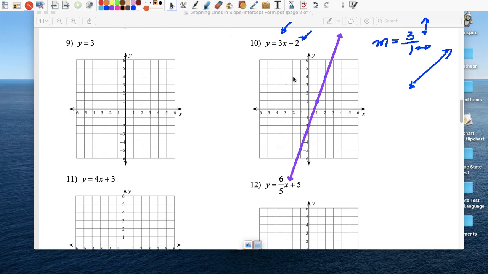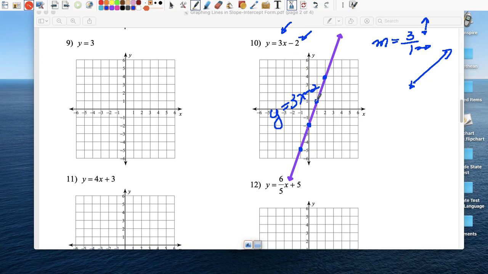And we get y equals 3x minus 2. Positive slope. What I'm going to do here is show you a little bit more. So, a change in y value.